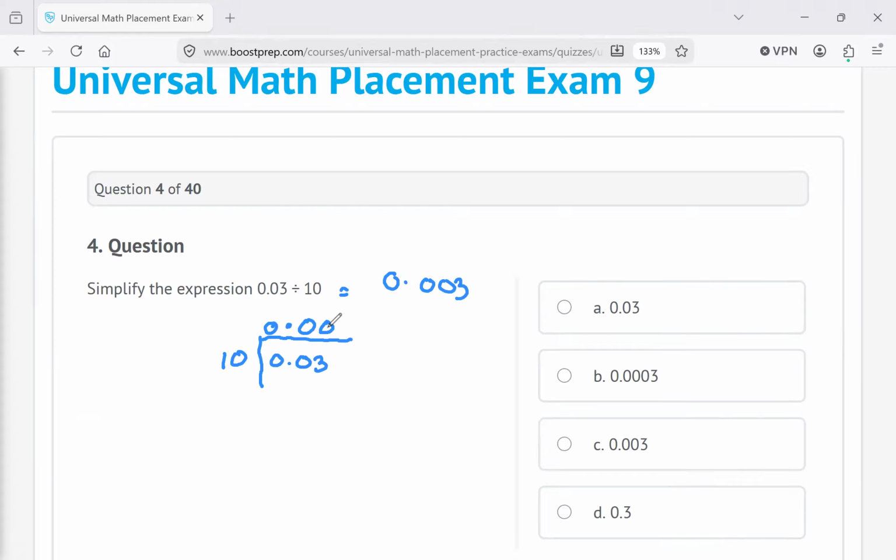So you put an extra zero. Then you bring down this invisible 0. 10 goes into 30, 3 times. So that's how I got 0.003. Letter C.